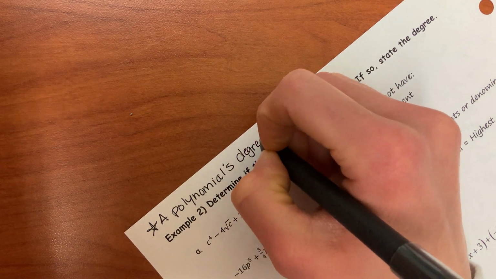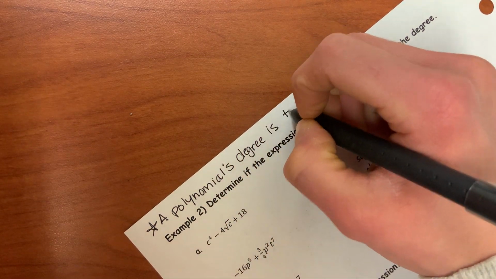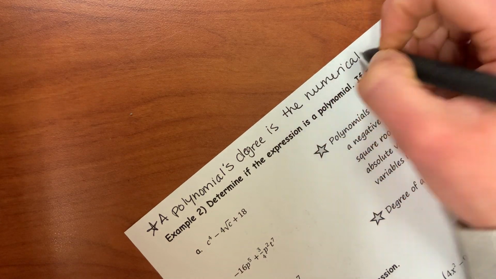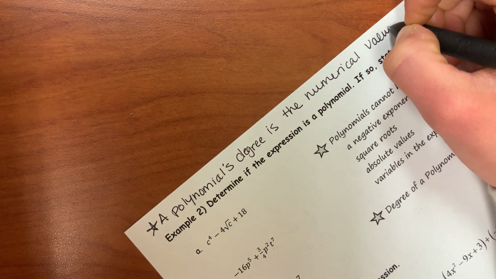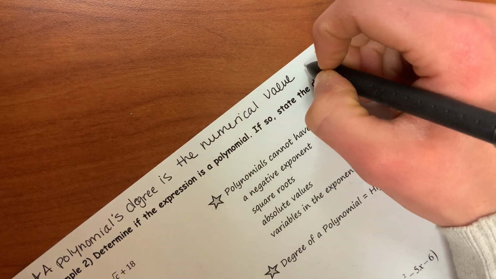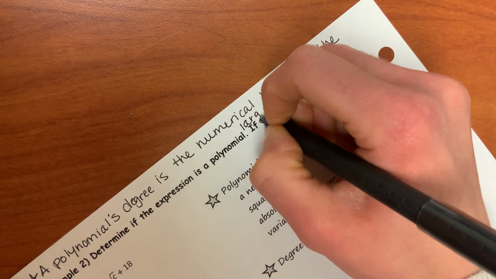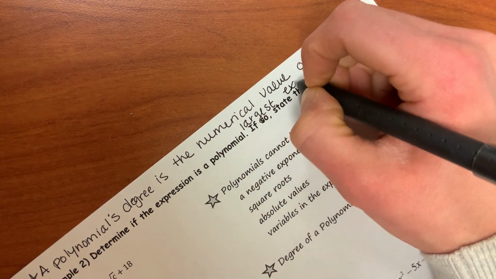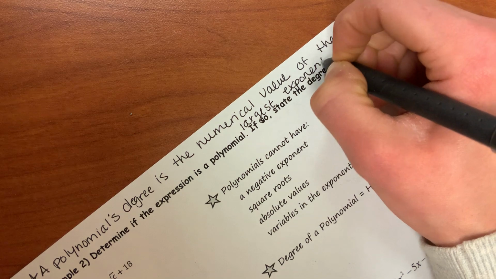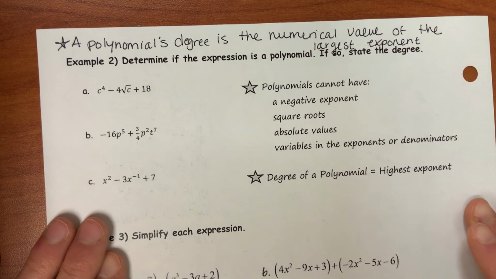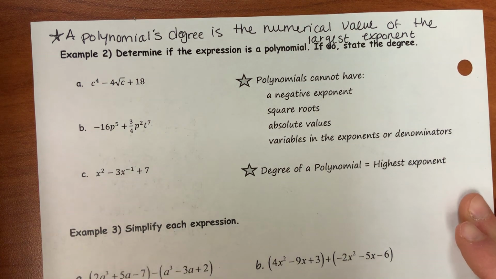A polynomial's degree is the numerical value of the largest exponent.